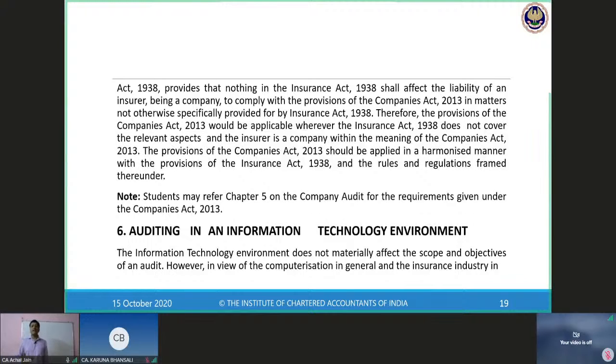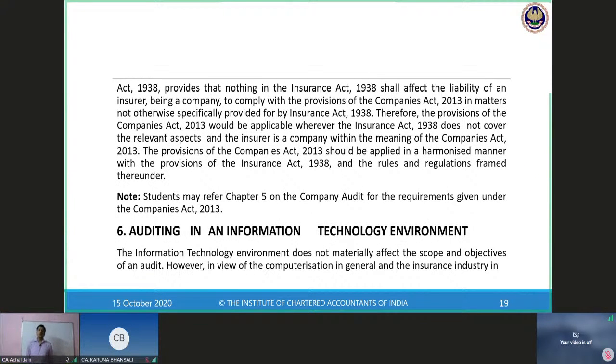The company will definitely need to have automated processes. Means the usage of information technology will be significantly required by such companies. Otherwise, it may be very, very difficult for them to operate.